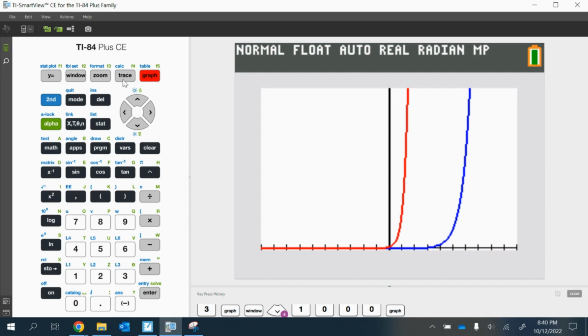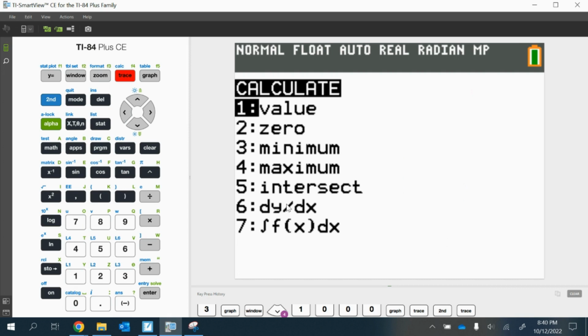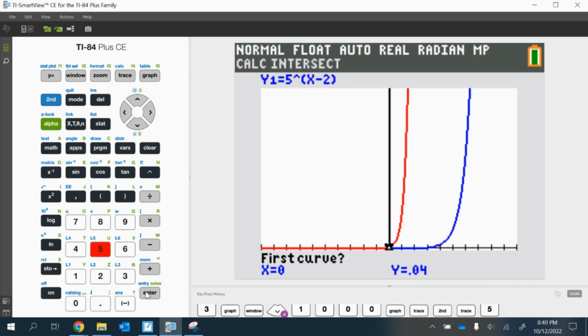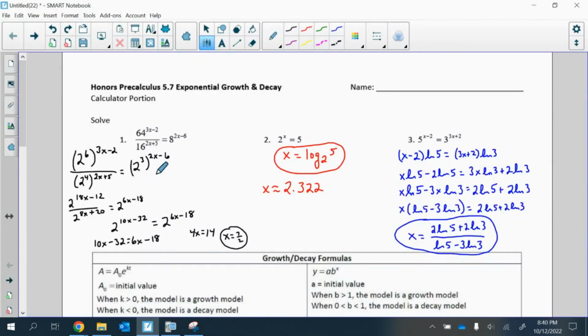Actually, it might even be a negative x value. So let's try that. And actually, that's what it is. So thankfully, what we see is that if I can't find the intersection, maybe it was over at some negative x value. So negative 3.212 ended up being what this would be.